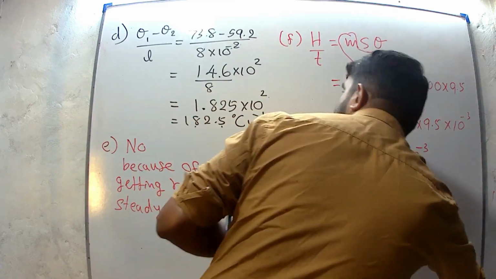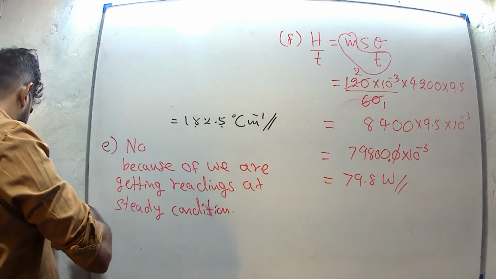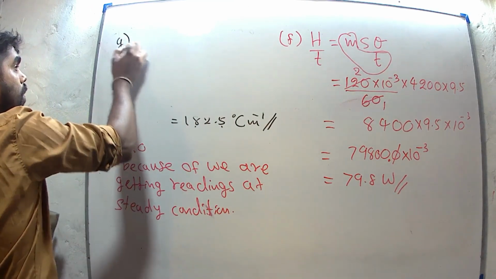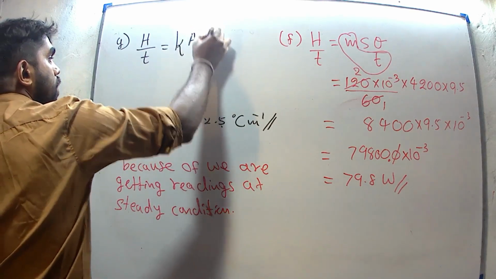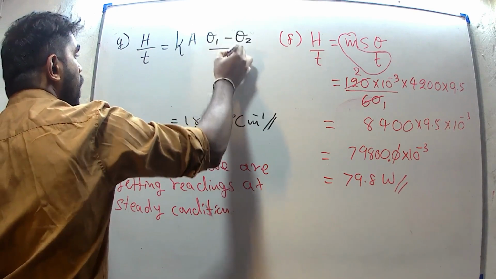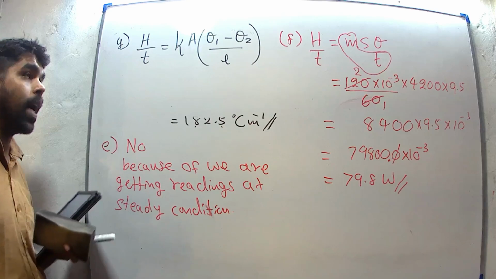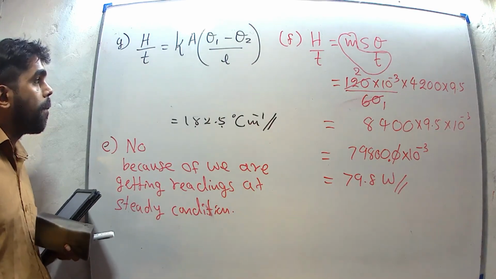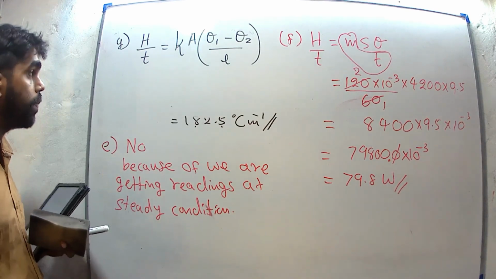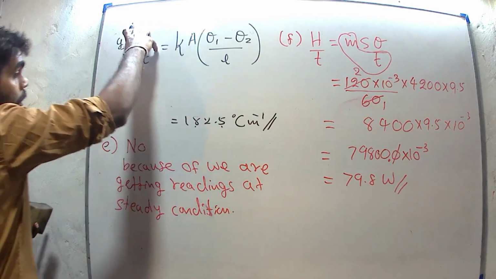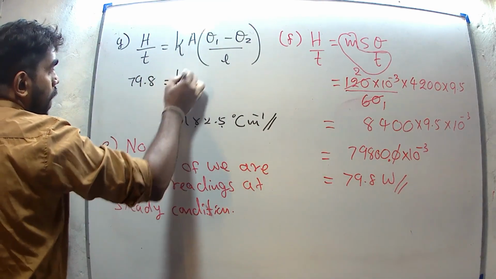Heat flow rate, H over t, equals K A (theta 1 minus theta 2) divided by L. This K value is the thermal conductivity. You have to find it. We can get the H over t value, this one, 79.8. You have to find the K value.